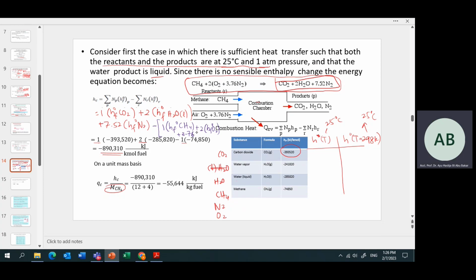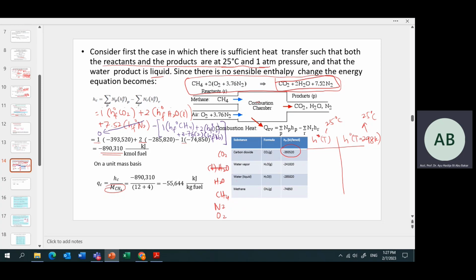I will just write it first so that you don't get confused. So product, this part, minus reactant. Heat of formation of N2 is 0, so we can cancel this out.